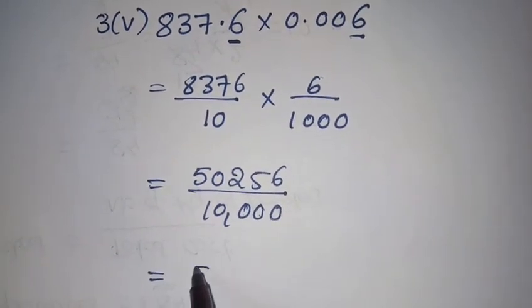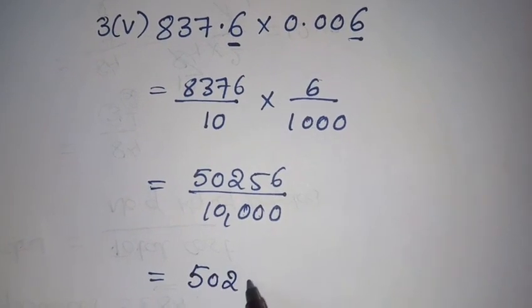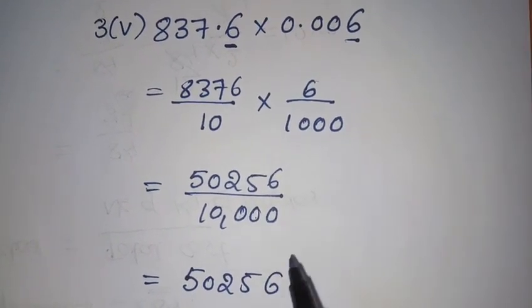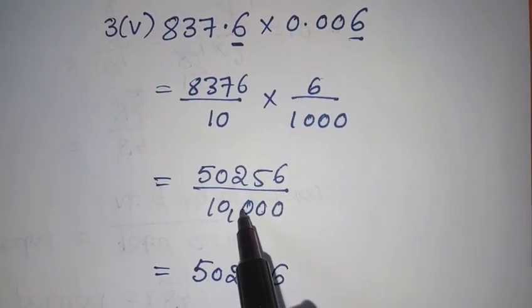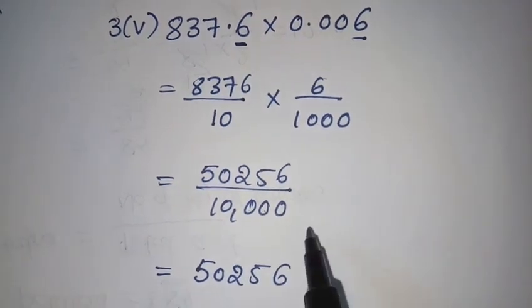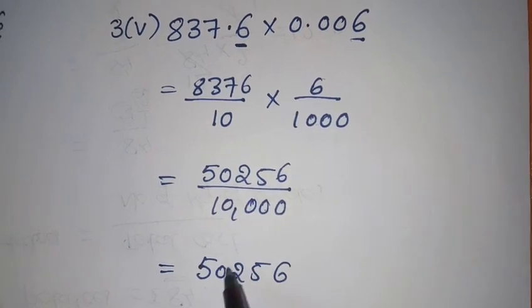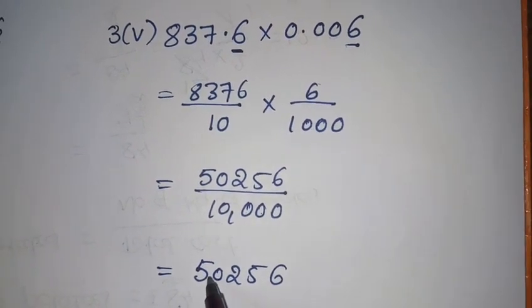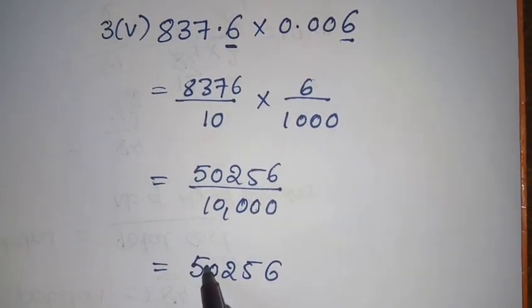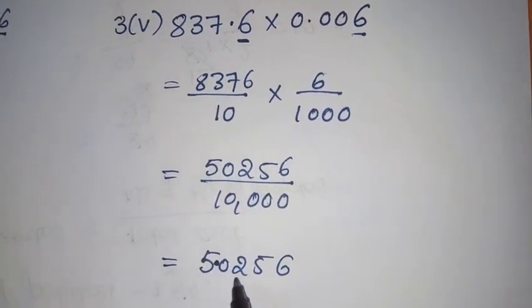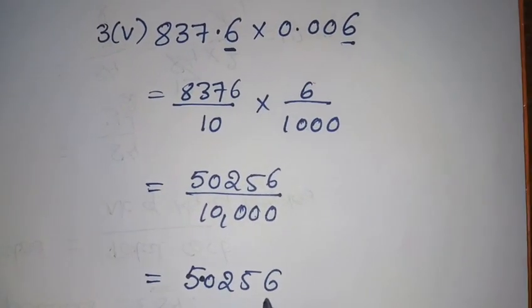So first write the numerator, 50256. In the denominator the number of zeros are 4, so from the last digit move 4 digits to the left side, 1, 2, 3, 4, and before those 4 digits keep the point. So our final answer is 5.0256.